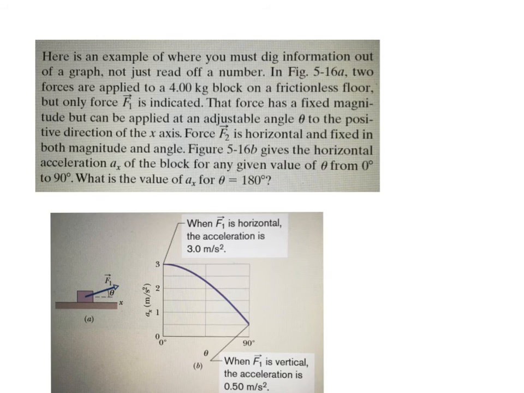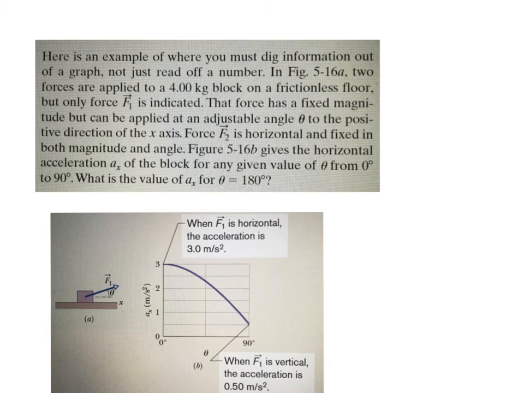So it says an example where you must dig information out of a graph, not just read off a number. In 5-16a, two forces are applied. Two forces are applied, our friction is 0, but only one force is indicated. That's F1 right here. It says that force has a fixed magnitude but can be applied at an adjustable angle.